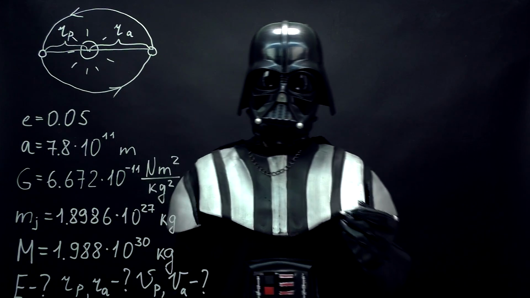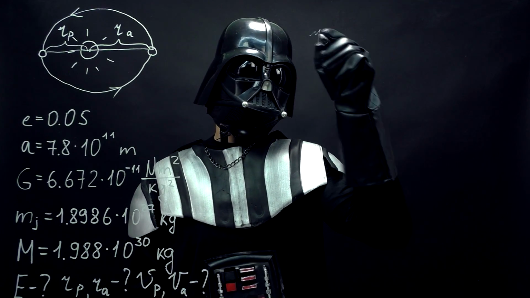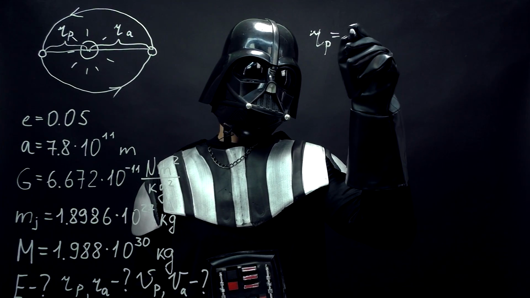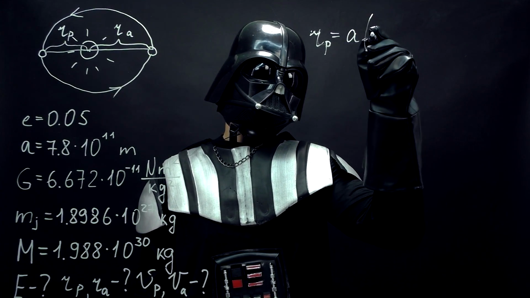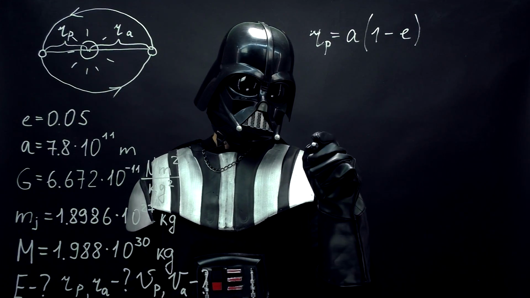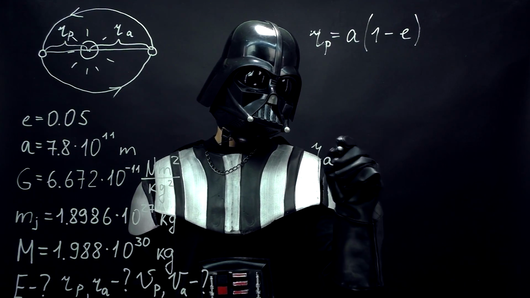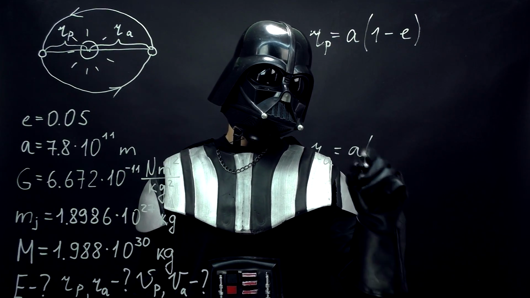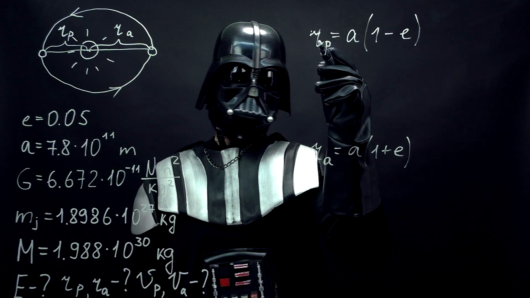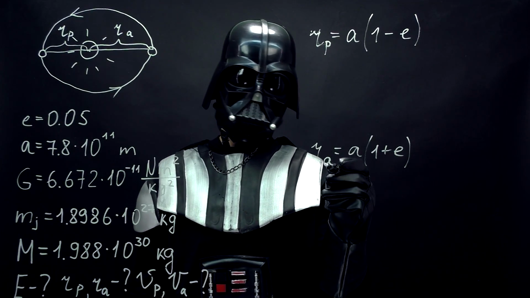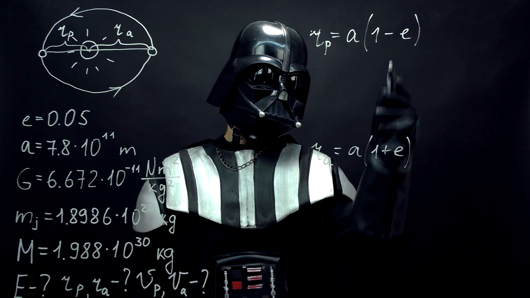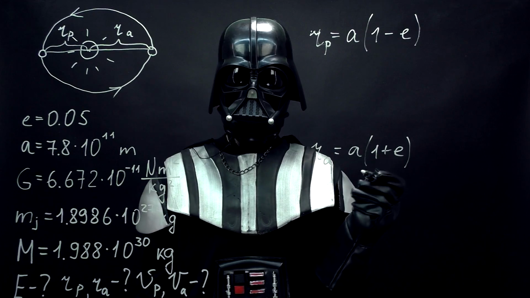So, according to this rule, the perihelion distance equals A times 1 minus E, and aphelion distance equals A times 1 plus E, where this is our perihelion and aphelion distances, these are semi-major axes, and this is the eccentricity of the ellipse.